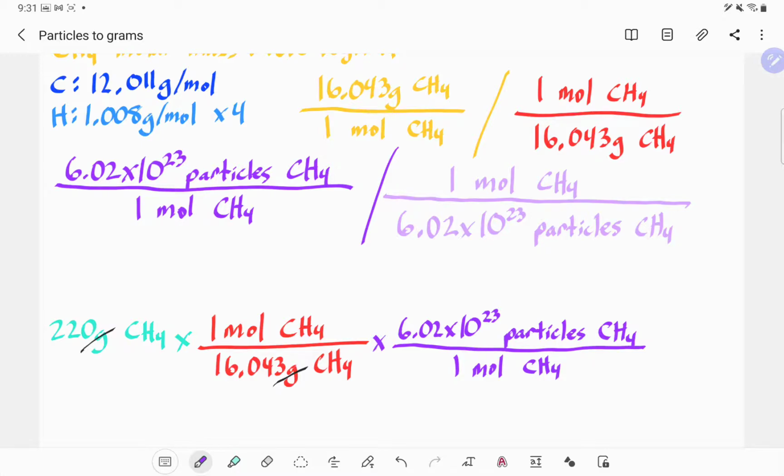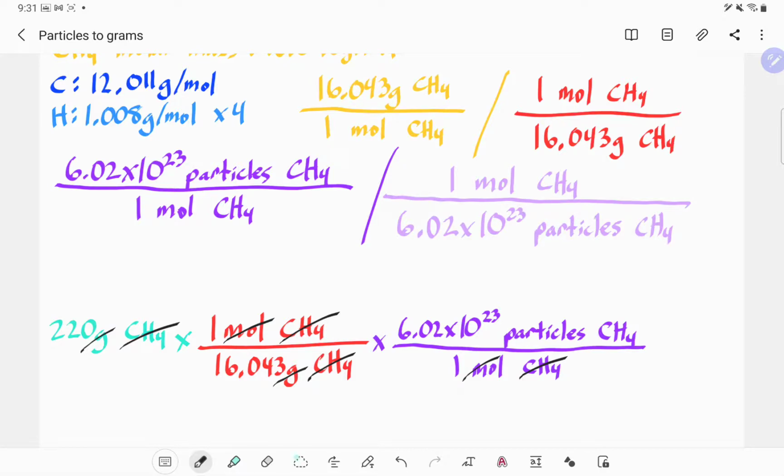By doing that, we cancel the unit of moles. More specifically, we canceled out grams of CH4, and now we canceled out moles of CH4, and we're left with particles of CH4.